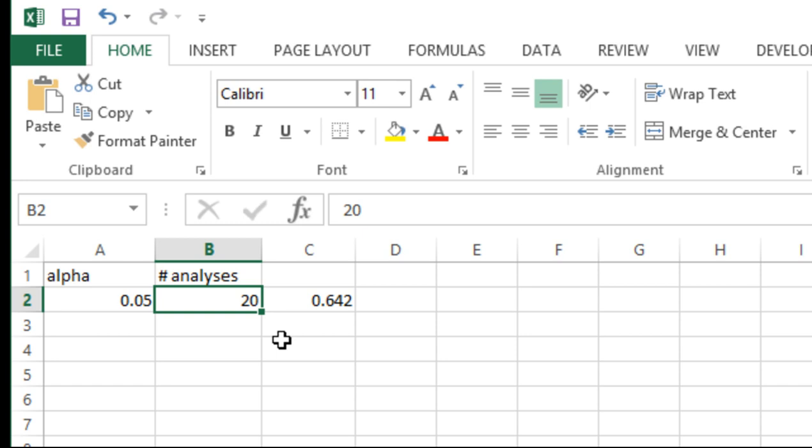Now, if a researcher had 20 samples of data and they conducted 20 analyses, one for each sample, well then there is no family of analyses on the samples, there's really just one analysis. And so the family-wise error rate stays 5% if you carry out one analysis on one sample of data. It's conducting the same analysis on the same sample of data that is the problem, and that is family-wise error rate.